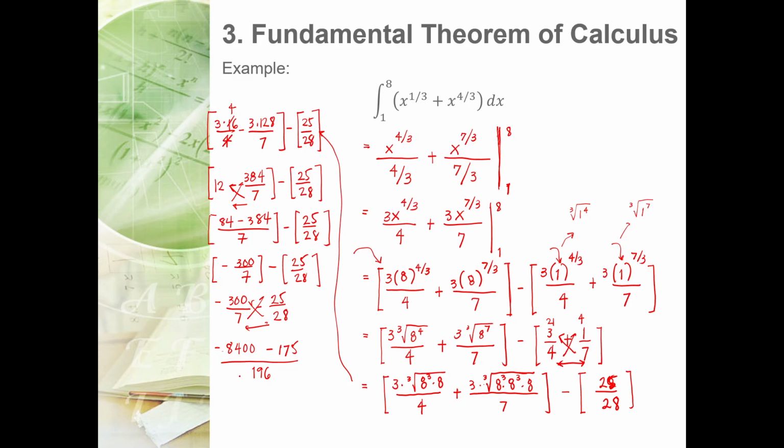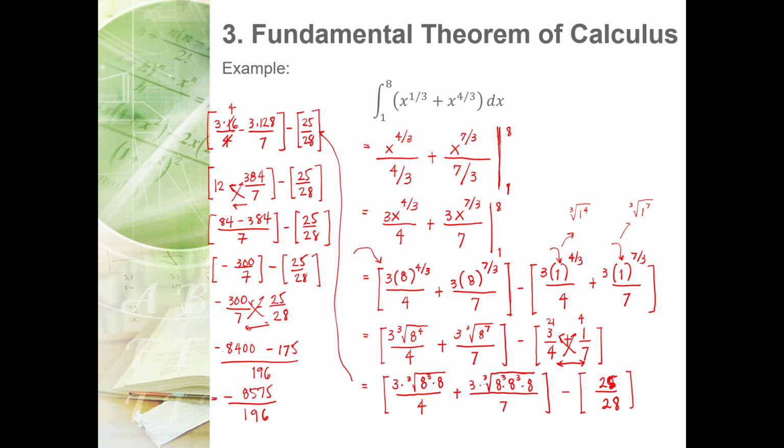Okay, so 8,400, and since both are negative, we can add them up. So we have 8,575 all over 196.